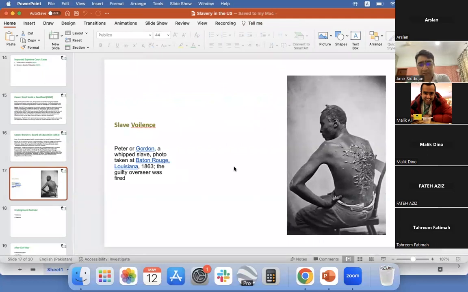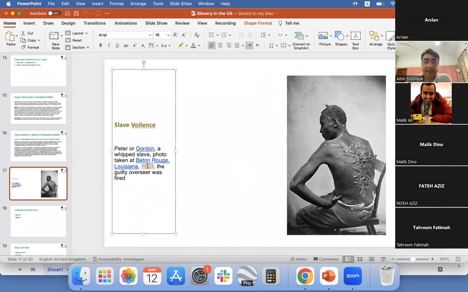This is a picture which became viral. It's a picture you will see in many books. It's a picture taken in 1863. It's a picture taken in a police station of a slave whose back is severely beaten by whipping by their slave owner. So the picture symbolizes the horrible punishments that African Americans used to go through as late as 1863.